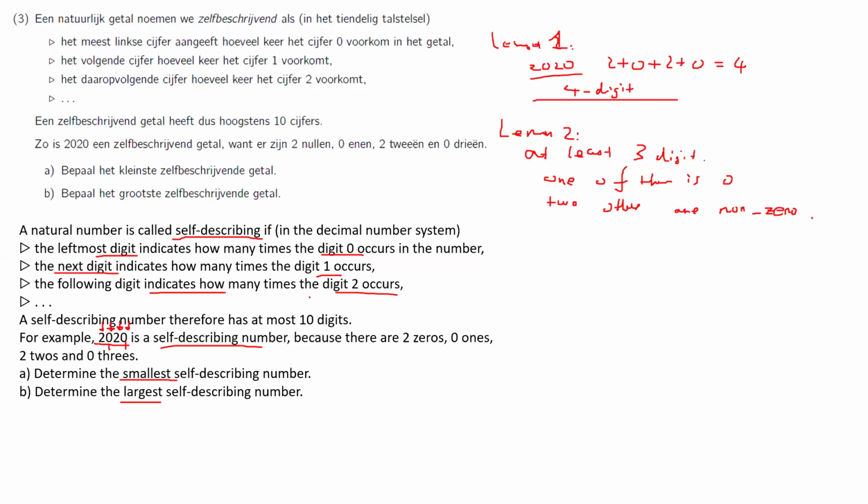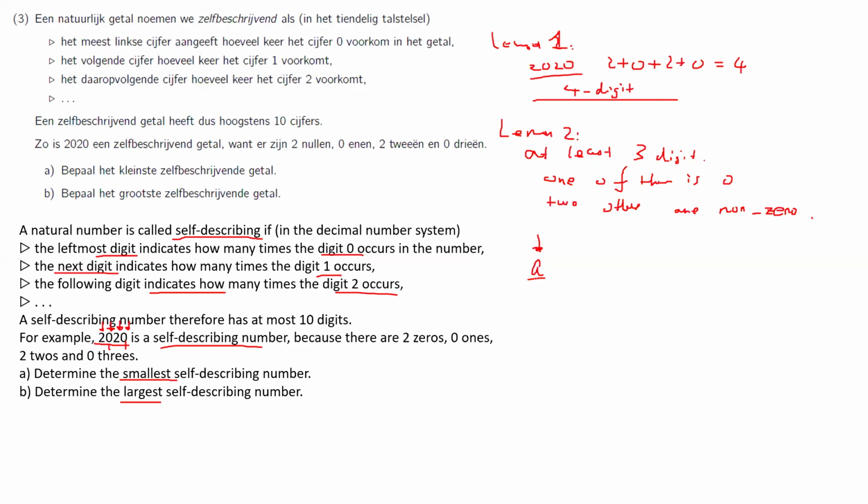For any natural number, the first digit must be non-zero. Let's say it starts with A, so A must be non-zero, unless it is 0, but of course 0 is not a positive integer, right? So for any natural number starting with A, A is non-zero.